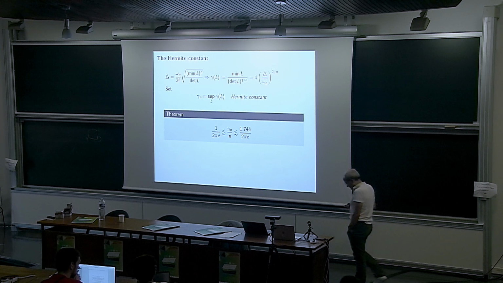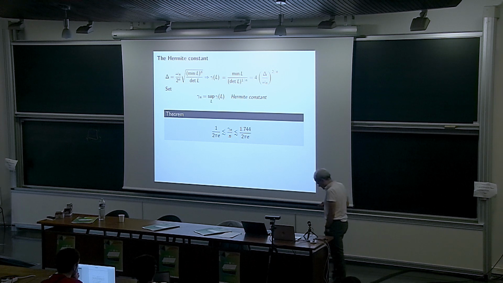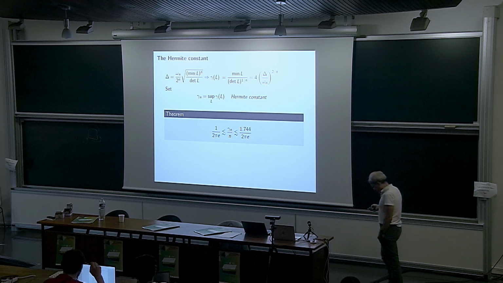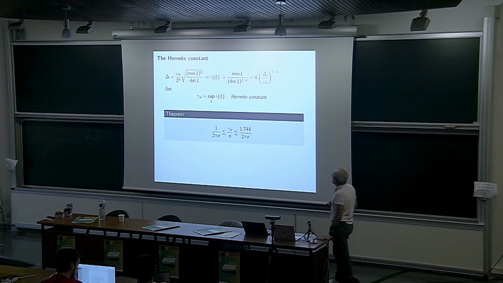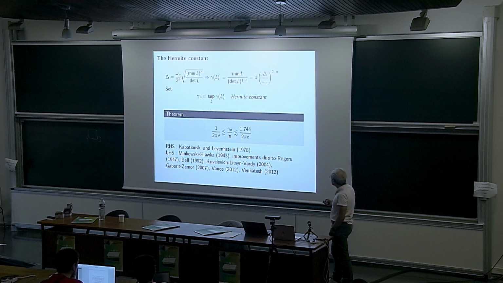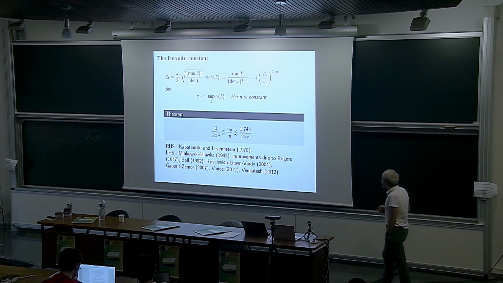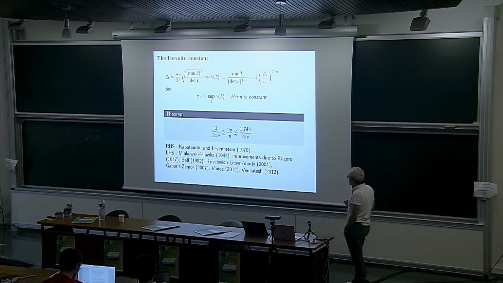There are anyway some known results about the asymptotic behavior of the constant in n, which I summarized in this statement. As you see, there is a gap between the left-hand side and right-hand side, which is rather mysterious.